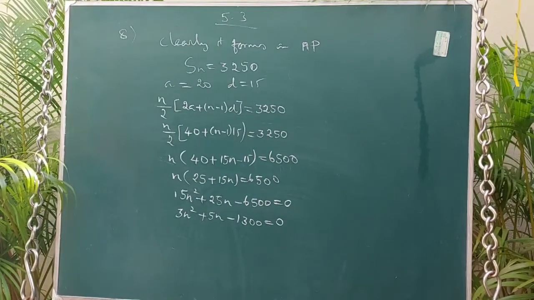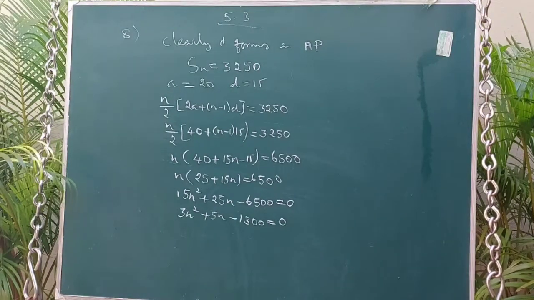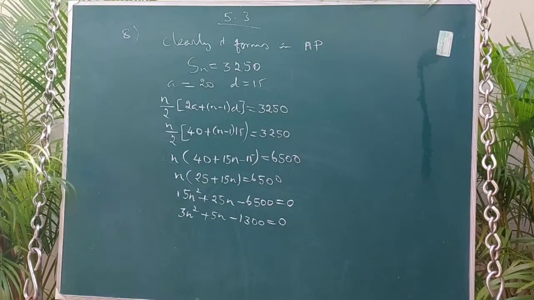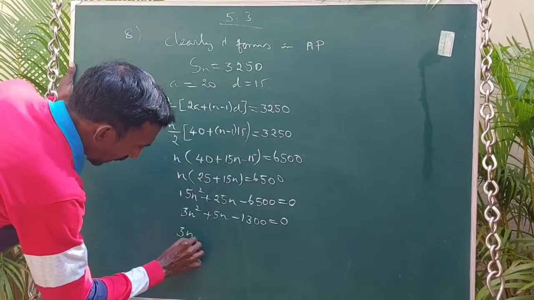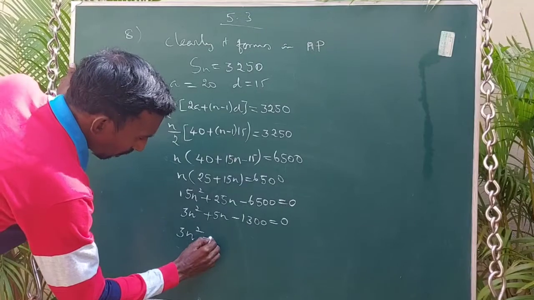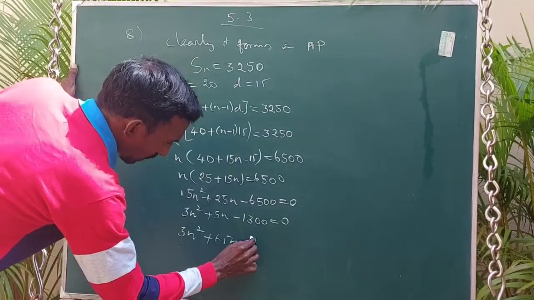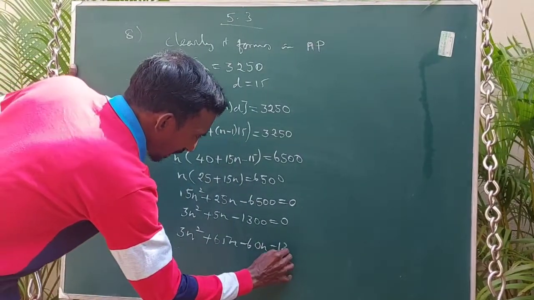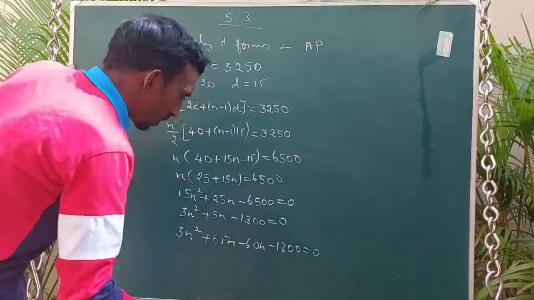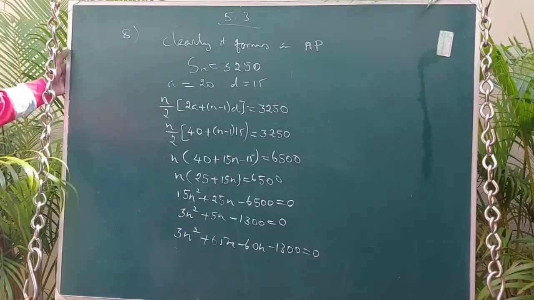So what are the two numbers? We can factorize it: 3n² + 65n − 60n − 1300 = 0, since 60 into 65 is 3900.